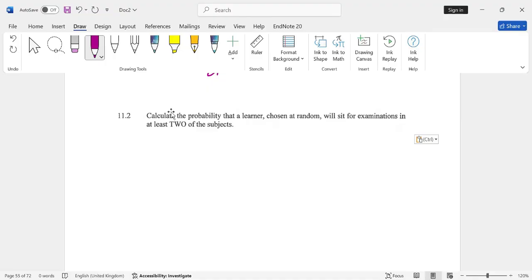So at least two subjects means that the learner sits for exactly two subjects or three subjects. These are the learners in the overlapping regions. So what is the total count for these regions?